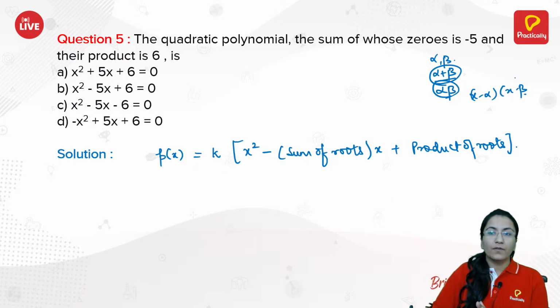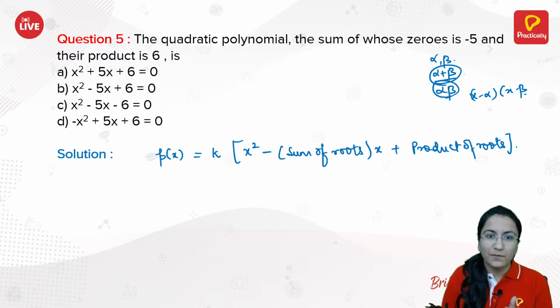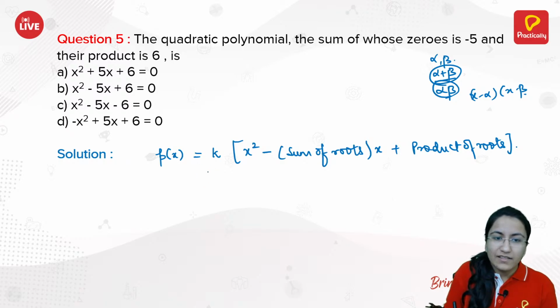The process to derive this formula is the same, but why leave the question if you can't recall it in examination? But first, do remember such small formulas in each and every chapter: how to write the quadratic equation in which the sum of roots and product of roots are given. So just input the values over here and you are done with it.